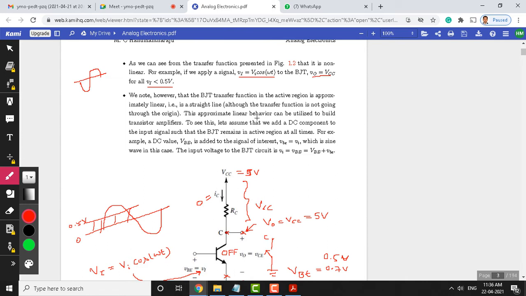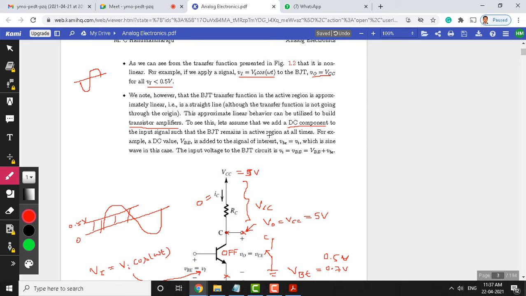This approximately linear behavior can be utilized to build transistor amplifiers. As I told you, in the active mode we are using the transistor as an amplifier. To see this, let us assume that we add a DC component to the input signal such that the BJT remains in the active region at all times. By adding a DC component through proper resistance selection and proper DC voltage, we can operate the BJT in the active region.